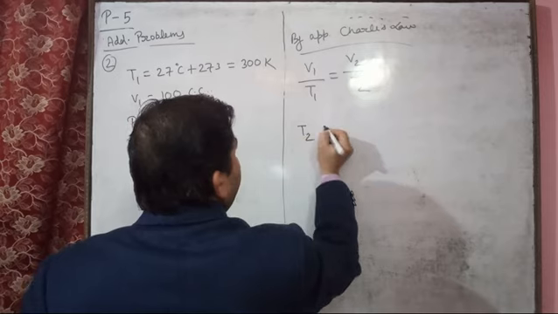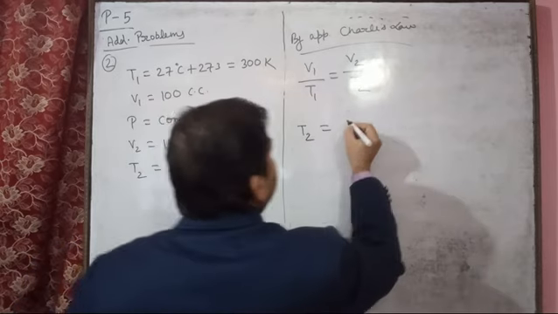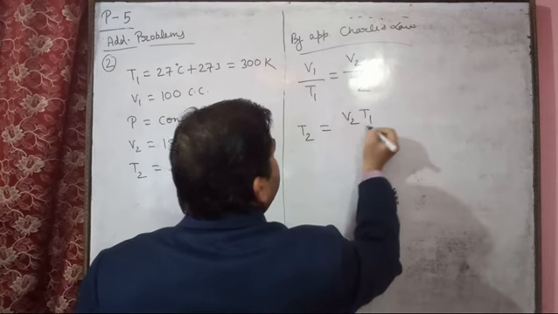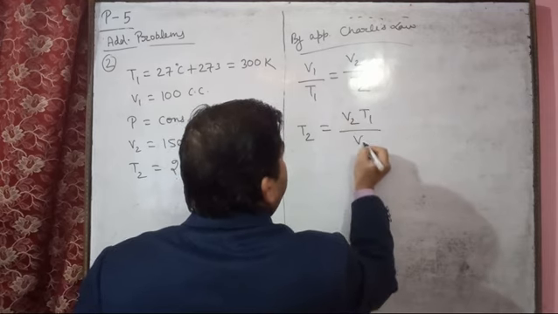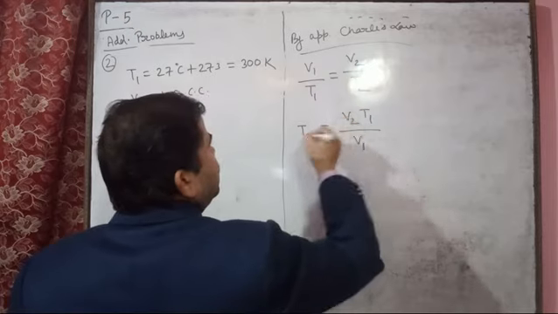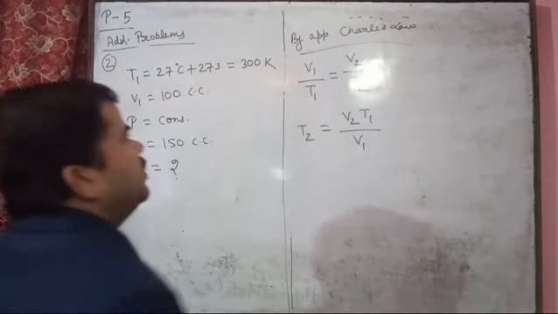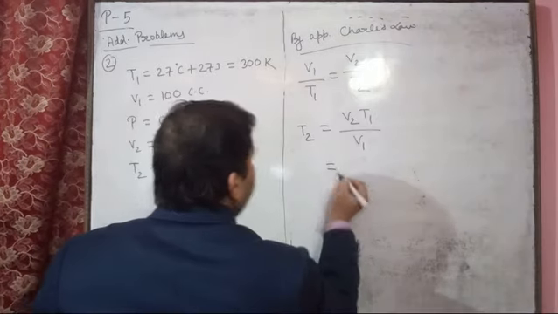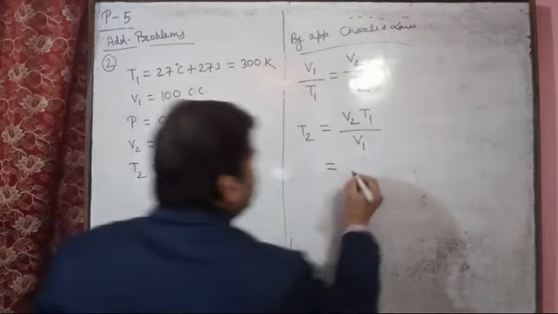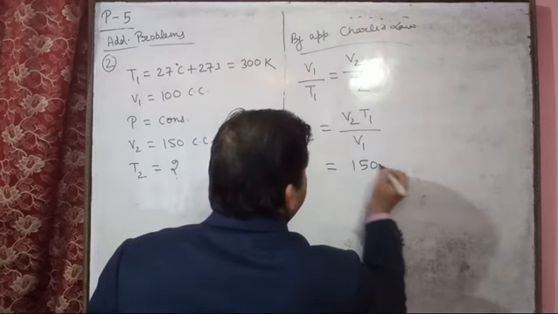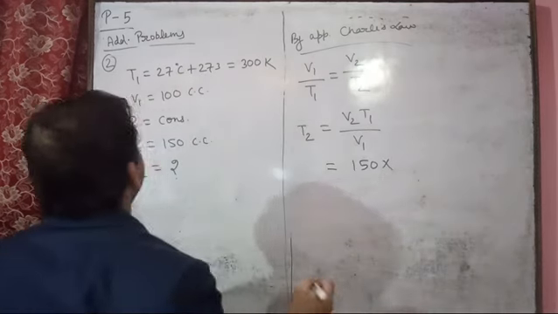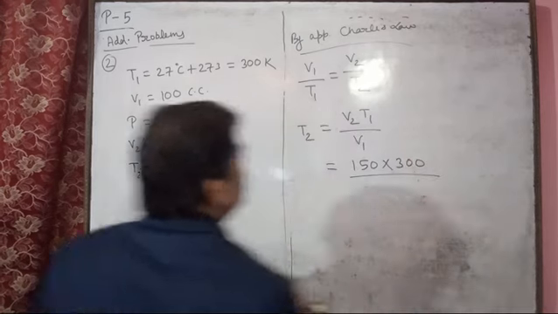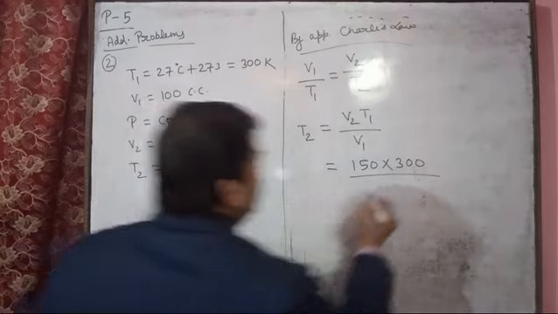So T2 equals V2 into T1 upon V1. Putting the values, V2 is given as 150, T1 is 300, and V1 is 100.